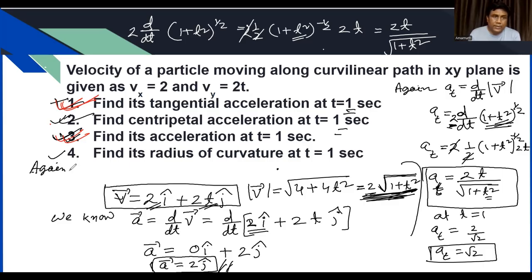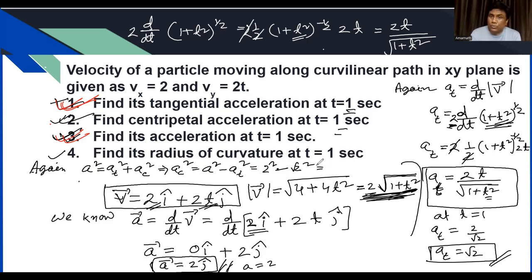You see, I know that a square equals at square plus ac square. So from that, ac square will be net acceleration square minus at square. But net acceleration is what? Remember, the magnitude of net acceleration is 2 only. So it will be 2 square minus tangential acceleration, root 2, squared.